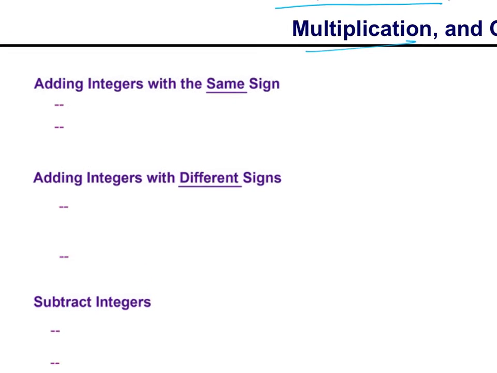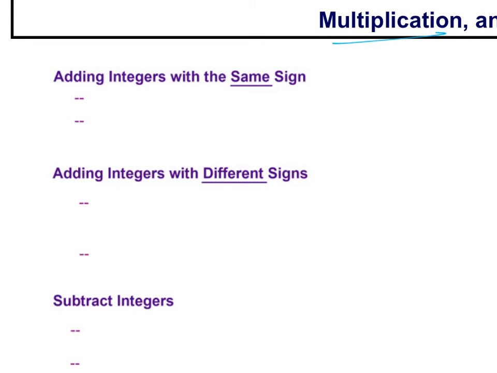So when you are adding two integers with the same sign, just a reminder on how this works, what you're going to do is add the numbers, but you're going to keep the same sign. So what that basically is telling you is that a positive number plus a positive number remains positive.